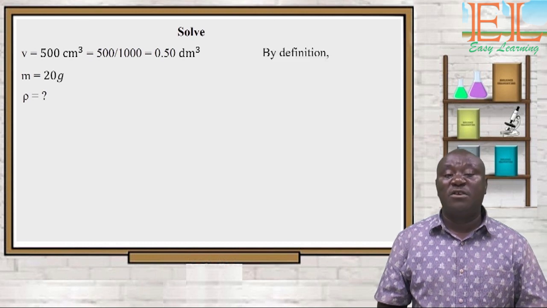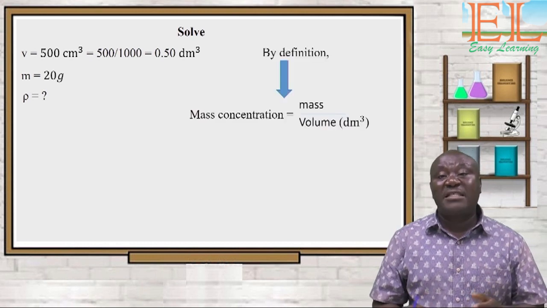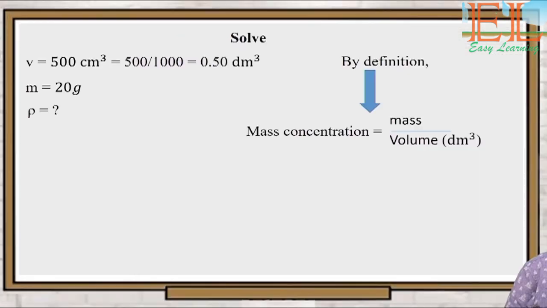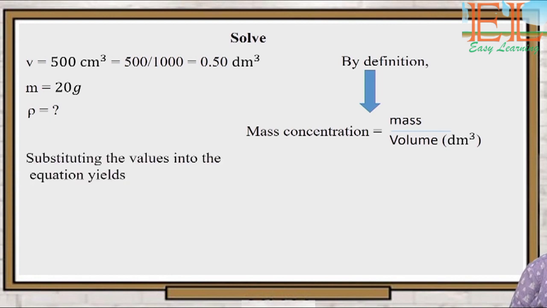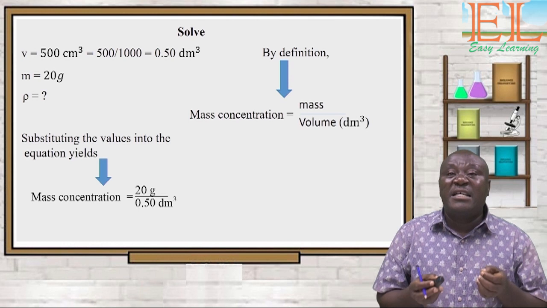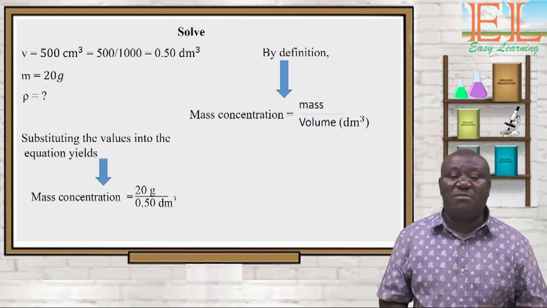By definition, rho is mass divided by volume in dm cube. Substituting the values into the equation will yield mass concentration is equal to 20 grams divided by 0.50 dm cube.